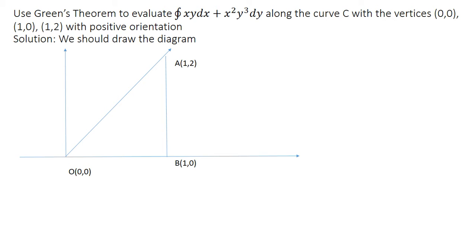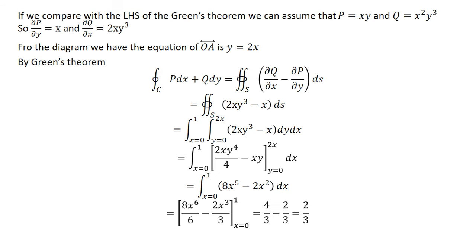We will solve first with the help of Green's theorem, and then without it. If we apply Green's theorem directly, P dx plus Q dy, it will be del Q del x minus del P del y dS. Just putting the values of del Q del x and del P del y, this will be the result.